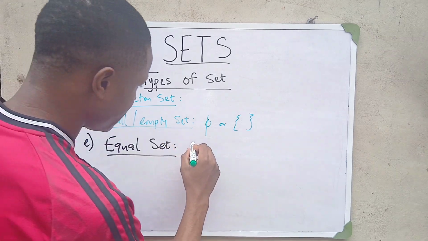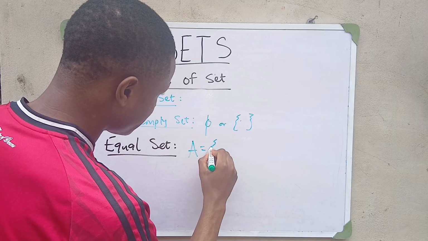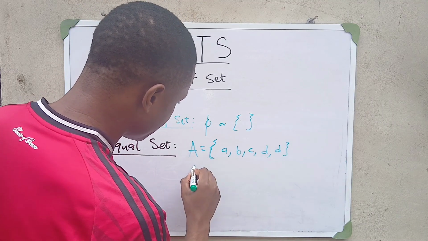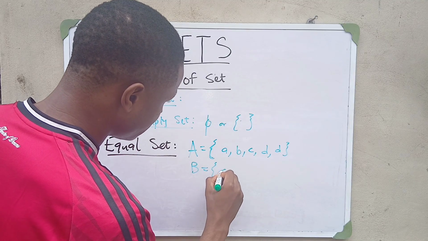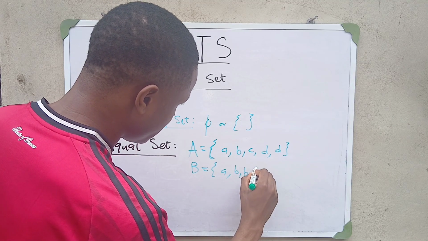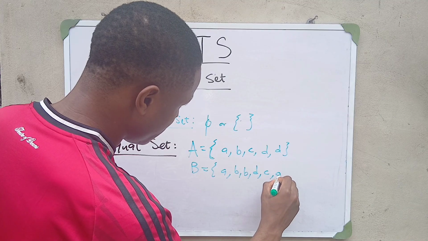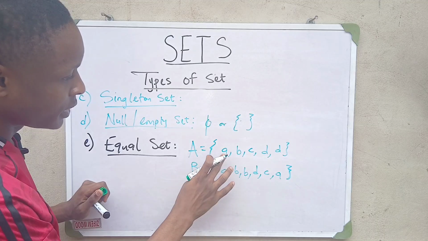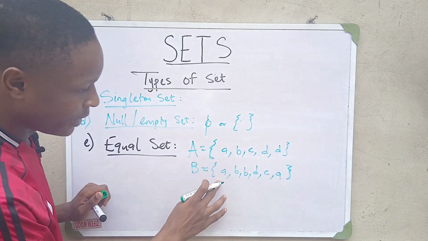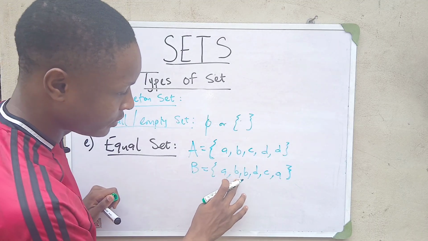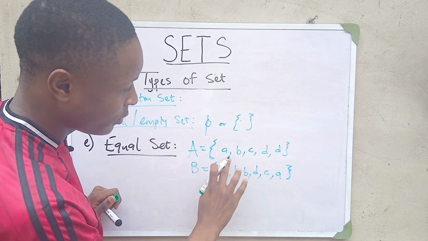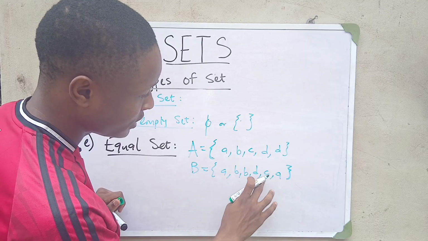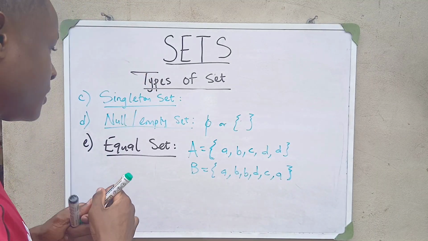Let's say set A has elements A, B, C, D, D, and set B has elements A, B, B, D, C, A. These sets are equal because they have the same elements, and we are not regarding their repetition or their arrangement. If you look, set A has A, B, C, D and set B has A, B, C, D. So that is what an equal set is.